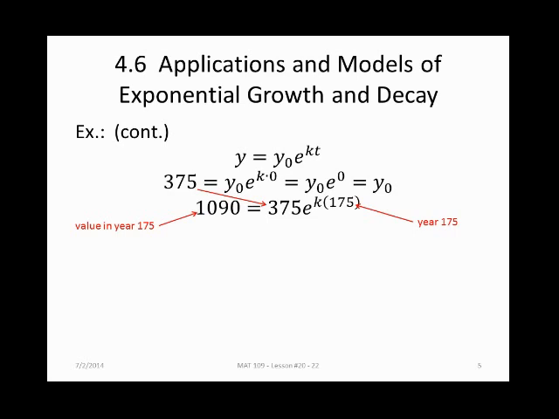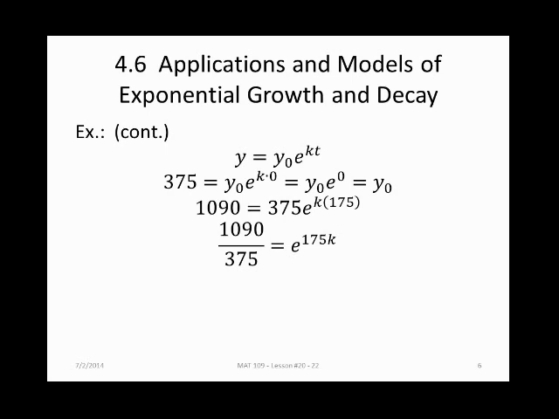Well, now that we've done that, the only thing in this equation that we do not know is that value k. But this is just an exponential equation. We can solve this equation for k. So do that in the normal way. Divide both sides by 375. And if you remember, the way to solve an exponential equation is by taking logarithms of both sides.